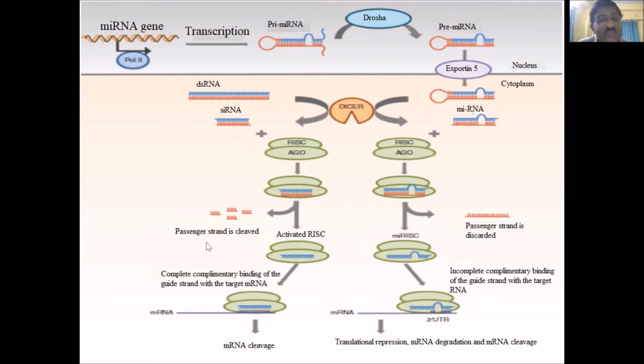But the big difference is that they are not bound completely to their target mRNA because they have some mismatch here, in contrast to the complete binding of small interfering RNAs with the target. The result is that the small interfering RNA can bind only with a particular target because it is very much complementary to the target.